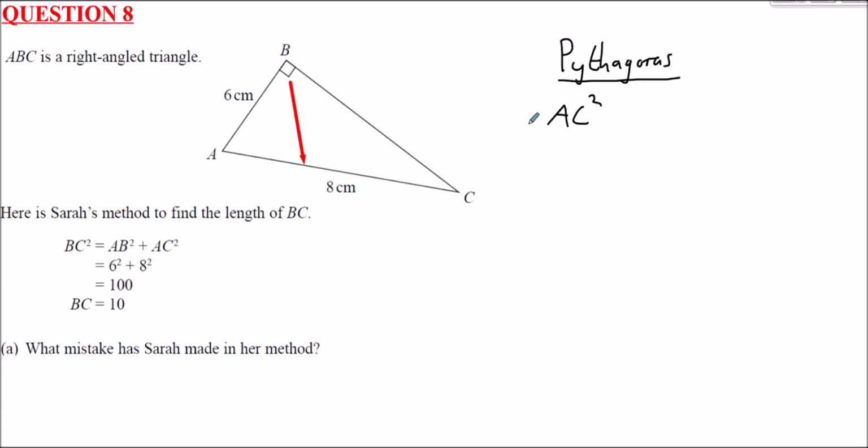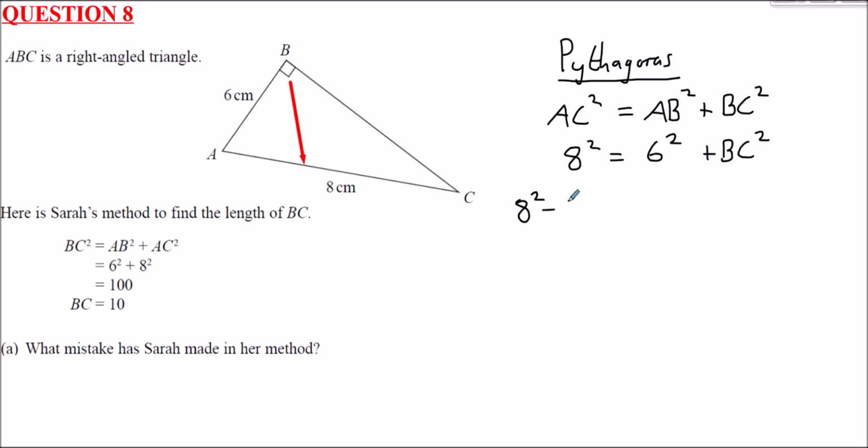So AC squared will equal the other 2 sides squared and added together. So AC is 8. So 8 squared equals AB squared, which is 6 squared plus BC squared. So BC squared would actually be 8 squared minus 6 squared.